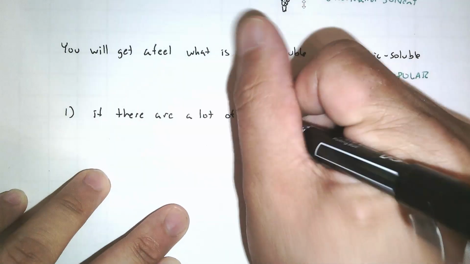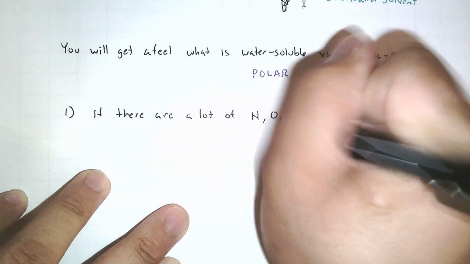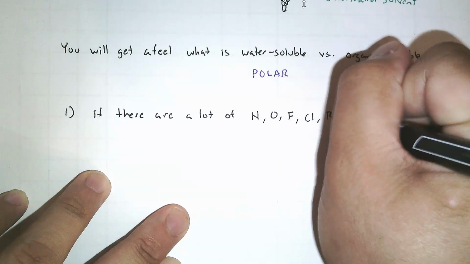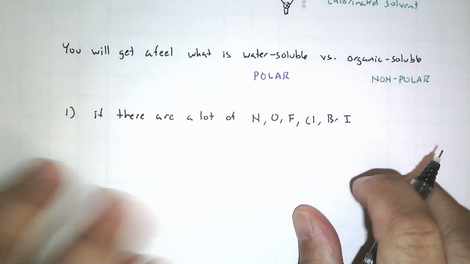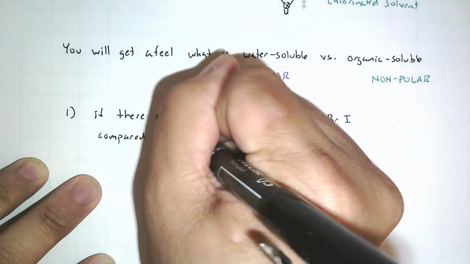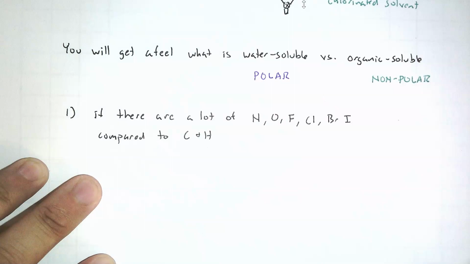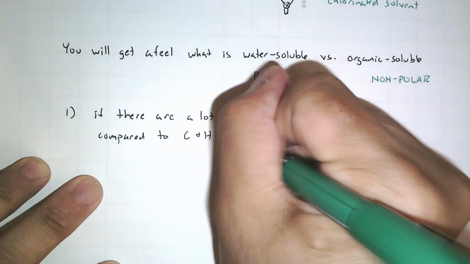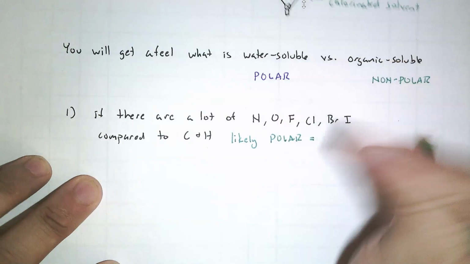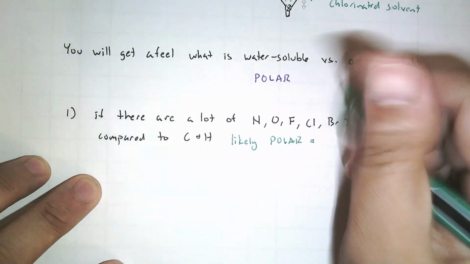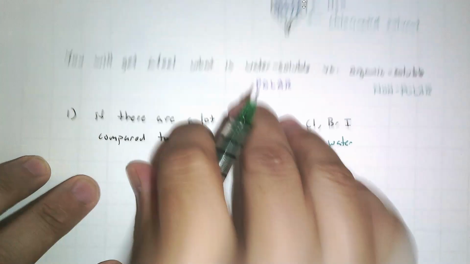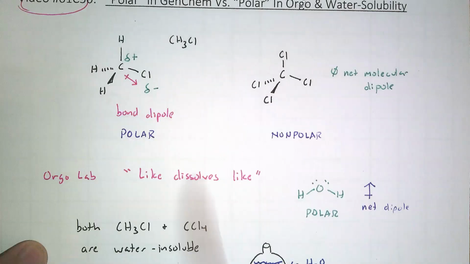So if there's a lot of NOF, and then going down the halogen group, Cl, Br, I, compared to C and H, then it's likely polar and thus has a good chance to be water soluble. Remember, like dissolves like. Even though we saw an example where it doesn't work.